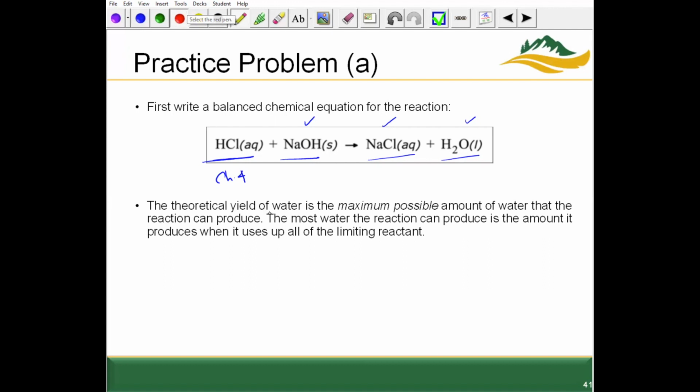Recall the theoretical yield of water is the maximum amount possible of water that the reaction can produce. The most water the reaction can produce is the amount produced when all of a limiting reactant is used up. So either all HCl is used up or all NaOH is used up to produce the maximum amount of water as a product.